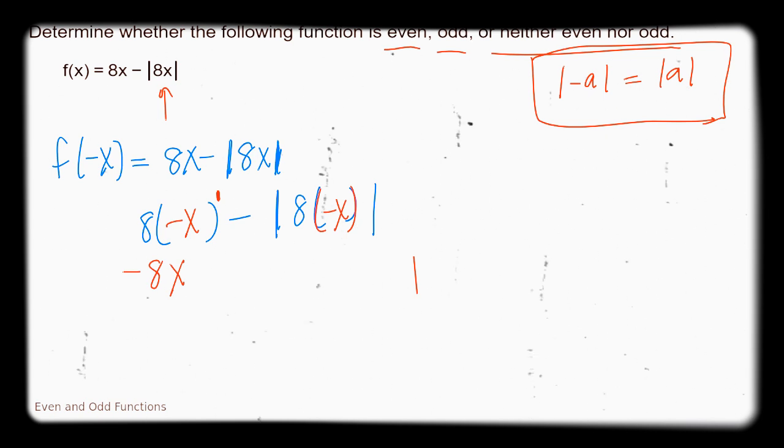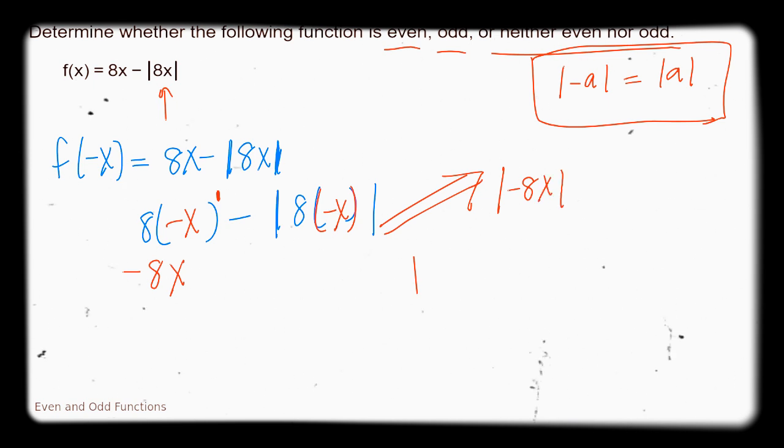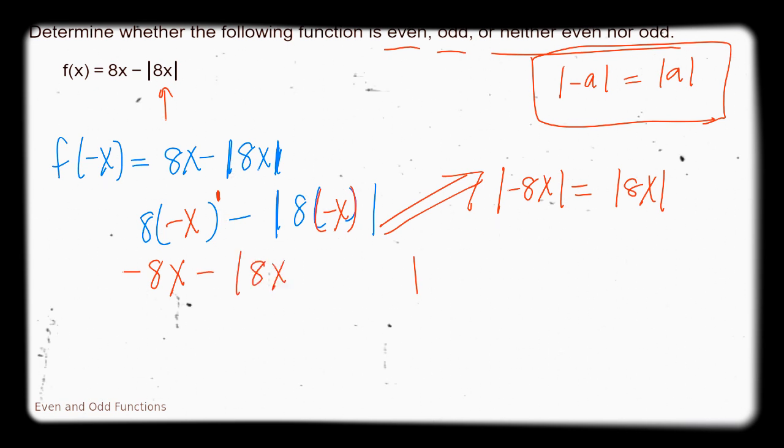So now, according to this little formula I wrote here, negative 8x is going to change to positive 8x. So now I have negative 8x, negative the absolute value of 8x.